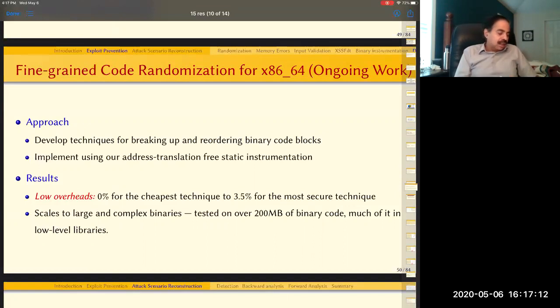One of the key questions is whether you can do fine-grained randomization with very low overheads, and that's what we are able to do using this technique.